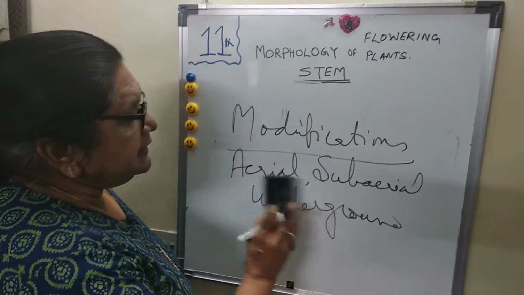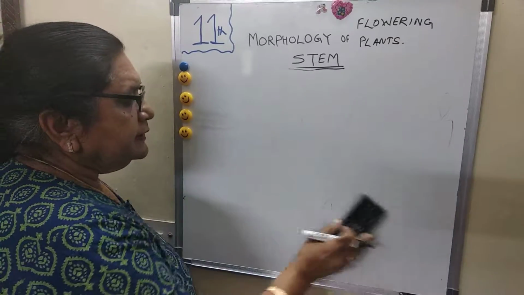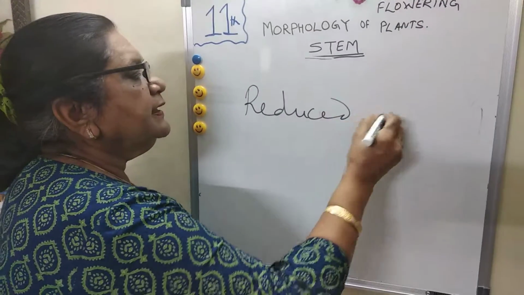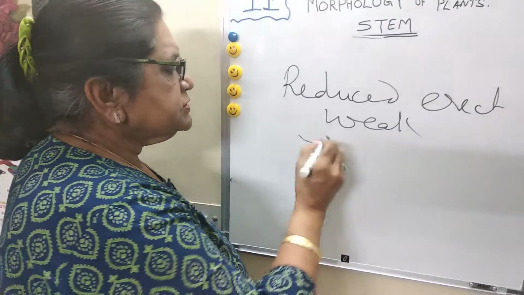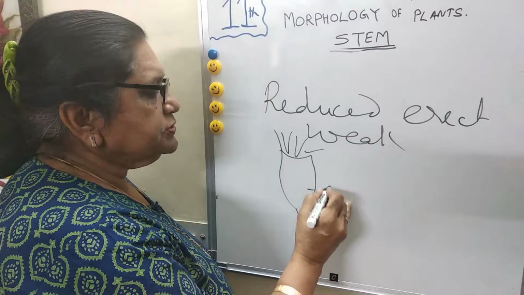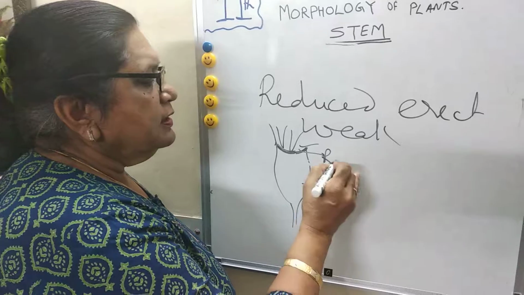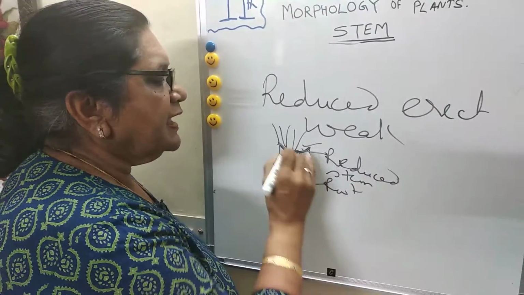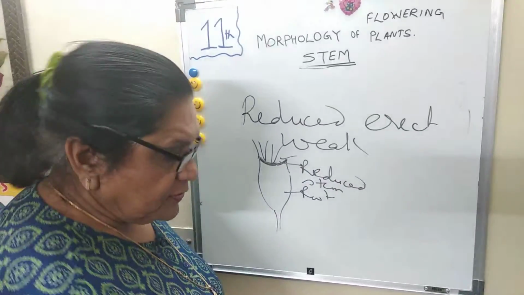In case of the aerial, that is above the ground, they can occur in the form of reduced, erect and weak. Reduced in case of the carrot, that means this is the root, taproot. This green structure above the ground is a reduced stem having radical leaves. So this is a stem but in reduced form.